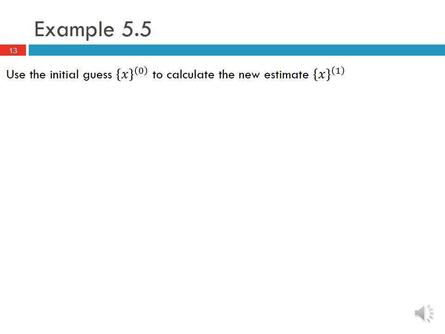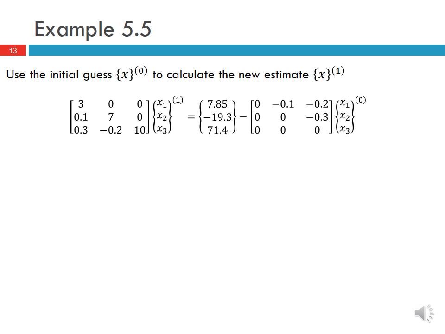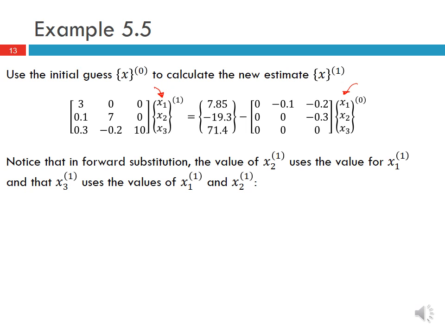We need to use our initial guess to calculate the new estimate. So we're going to have L times x at iteration 1 equal to b minus U times x at iteration 0, or our initial estimate. And you'll notice that in the forward substitution, the value of x2 at iteration 1 uses the value for x1 at iteration 1, not iteration 0.